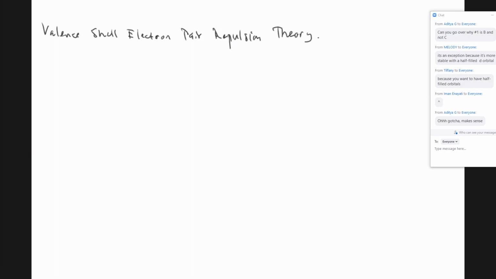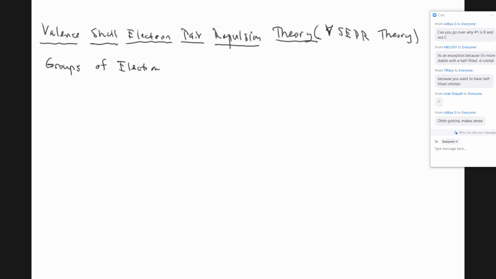So this is VSEPR theory. And with VSEPR theory, we're looking at groups of electrons. So we're looking at groups of electrons around an atom, the central atom that we're looking at.